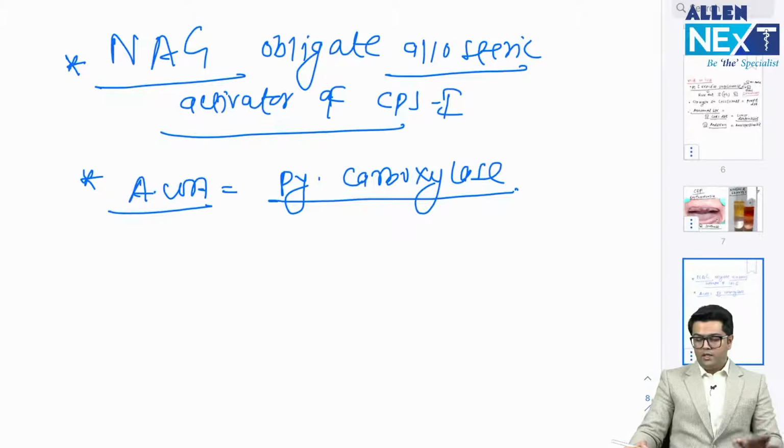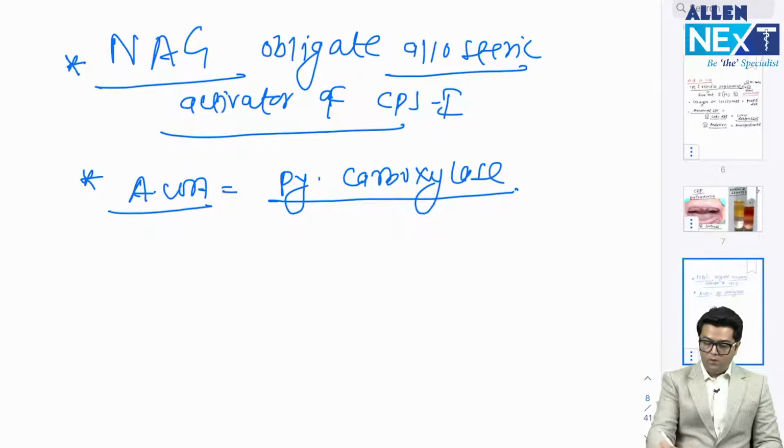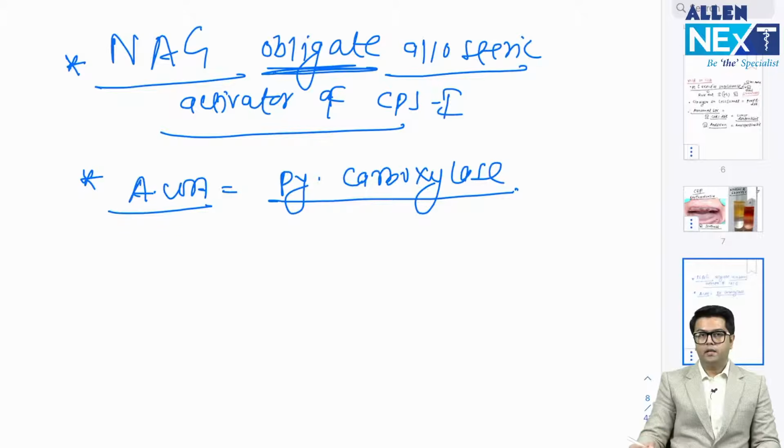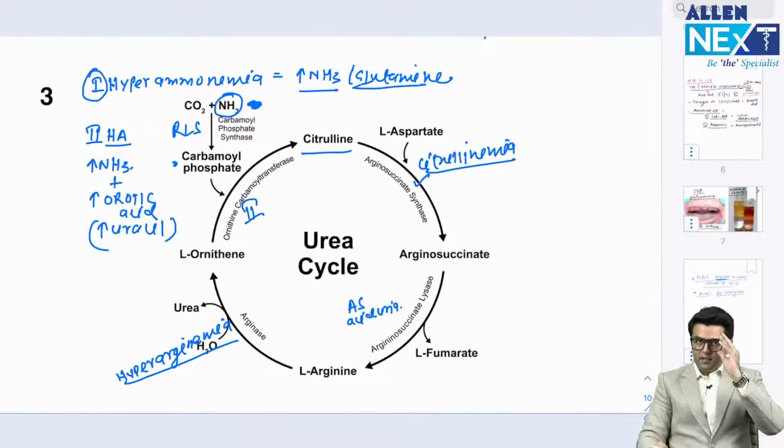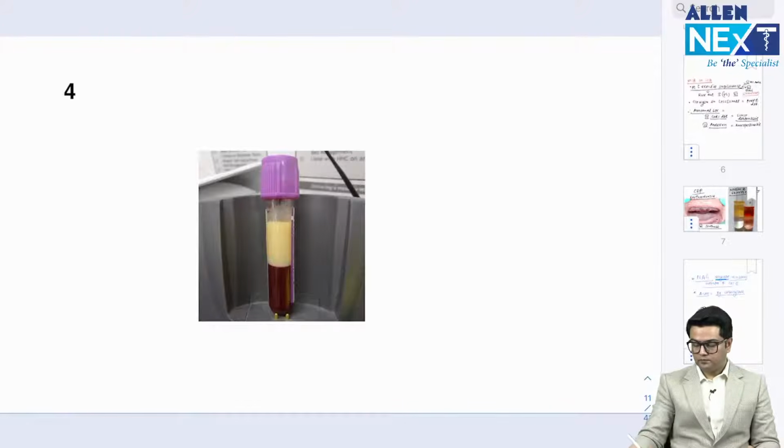Clear? So these are the two examples of obligate allosteric activators of any enzyme that we have to remember, right? So that is definitely an allosteric activator, but obligate. Now guys, let's move to our next point.